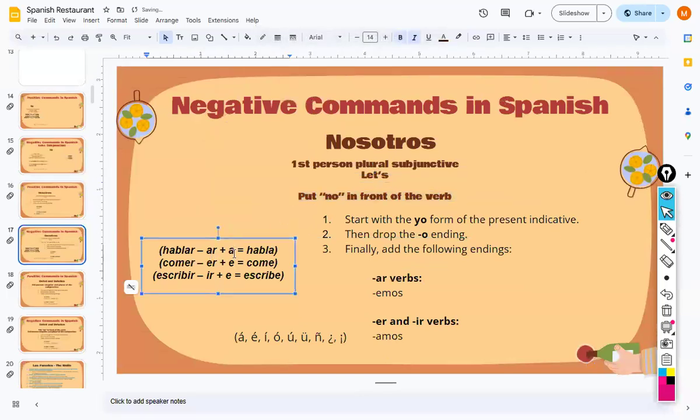All right, so if we had hablar, this is a repetition of what we would do for tú, but I did not change. So let me take this off.